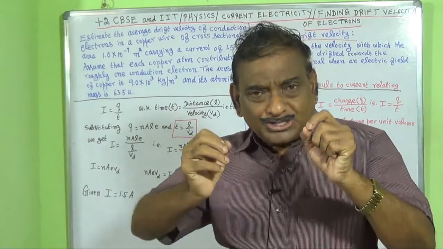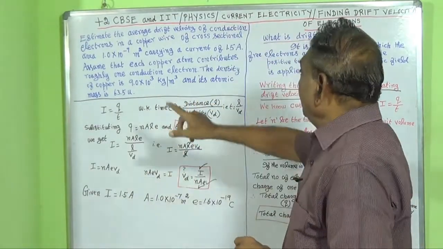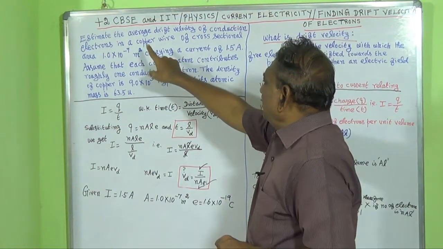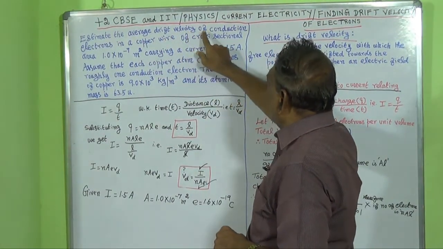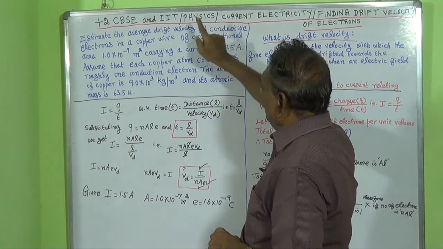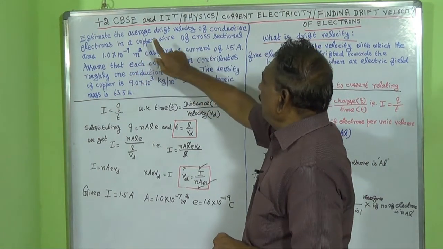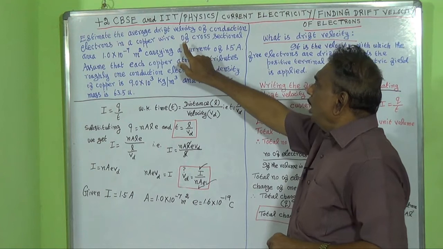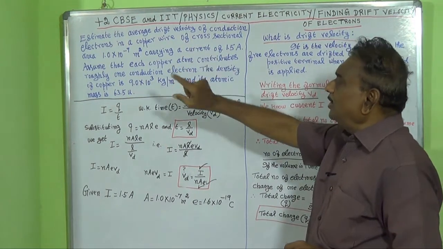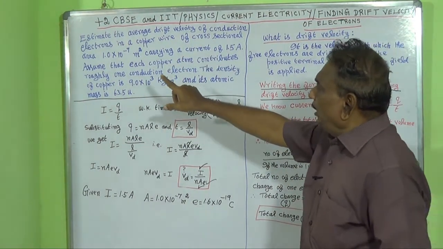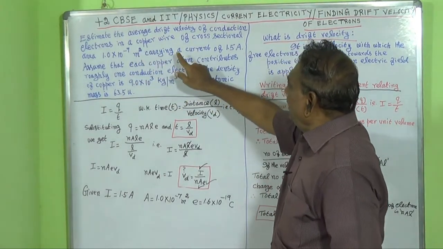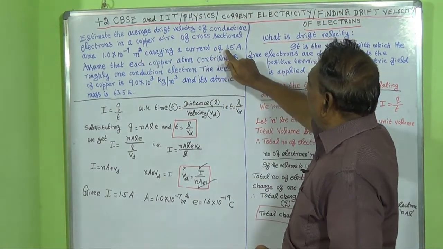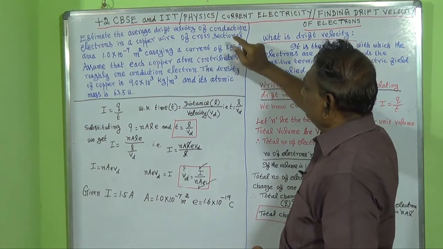Let us move to the sum. Estimate the average drift velocity of conduction electrons in a copper wire of cross-sectional area 1 into 10 to the power of -7 meter square carrying a current of 1.5 ampere.